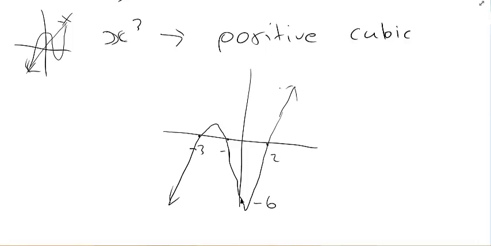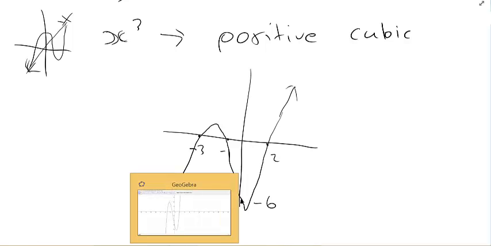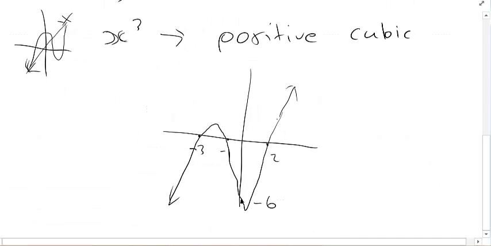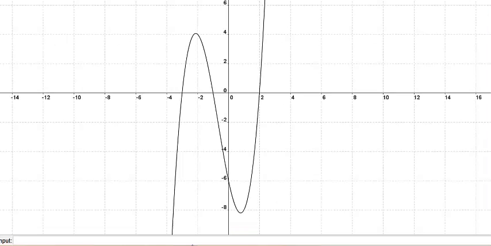If we look at this cubic done properly in GeoGebra, we can see that I got it approximately right. I probably didn't go far enough up here and far enough down here when we're comparing our two graphs, but we're looking at a rough sketch, so that's fine.